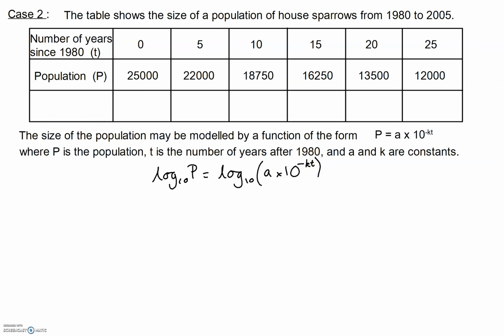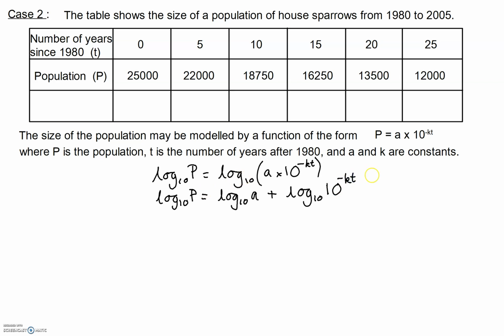That needs to go in brackets because we're logging the whole of the right hand side. So the left hand side, log to the base 10 of p, equals, I'm going to use my log rules and make it log to the base 10 of a plus log to the base 10 of 10 to the minus kt.